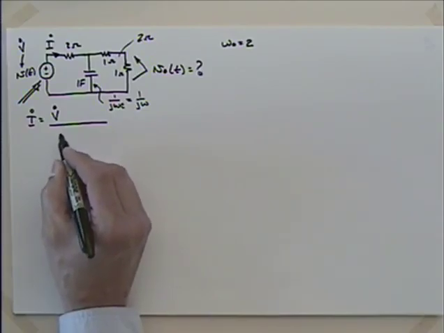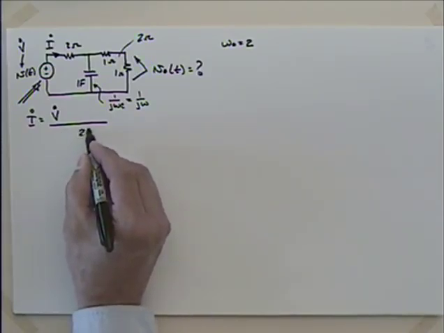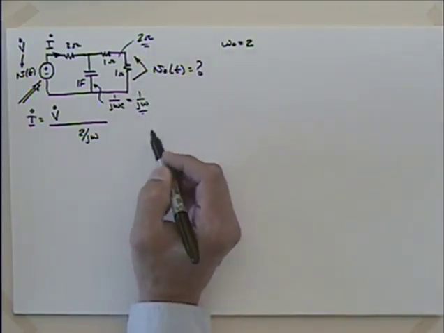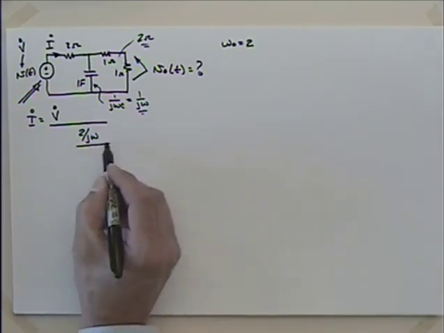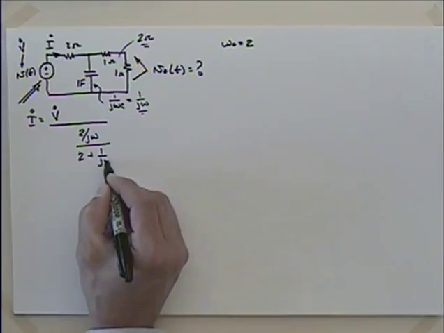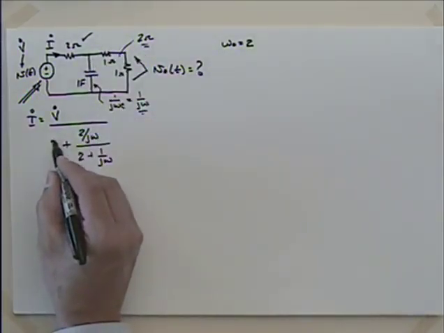So when I deal with that, I'm going to have this product, which would be 2 divided by j omega, multiplying this 2 here by this j omega, product over sum. And then I'm going to have 2 plus the 1 over j omega. And then I have to add that back to that 2 up there.